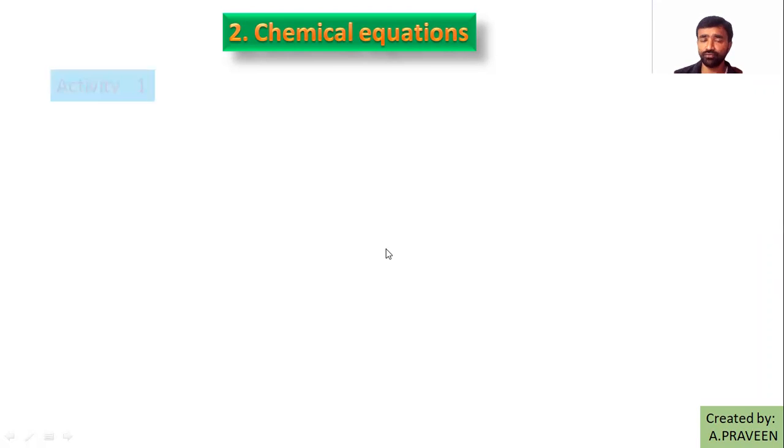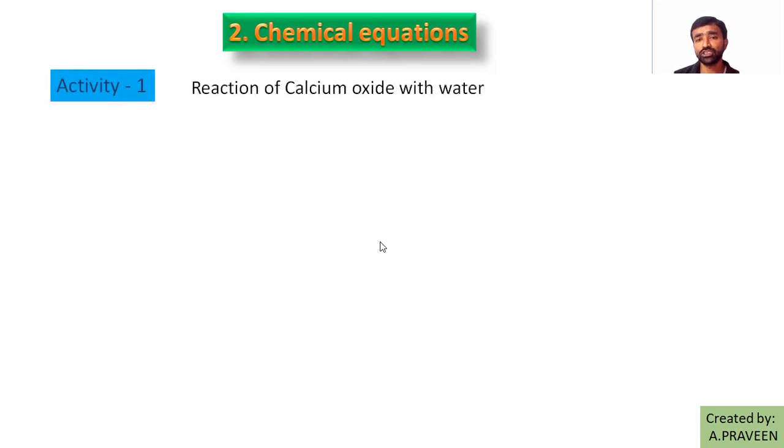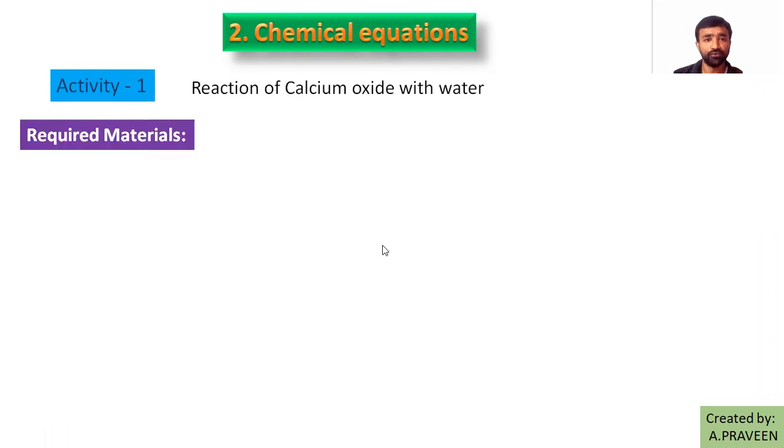Here in activity one, we are observing the reaction between calcium oxide and water. For that, I require some materials. What are they? Calcium oxide, also called quicklime. Remember that we can use chemical names or general names in our daily life, right? Here, quicklime is chemically calcium oxide.